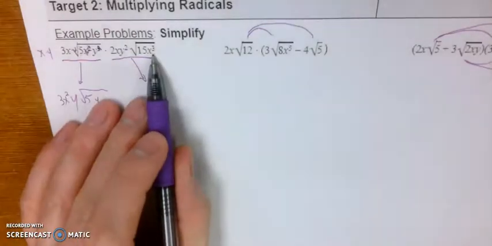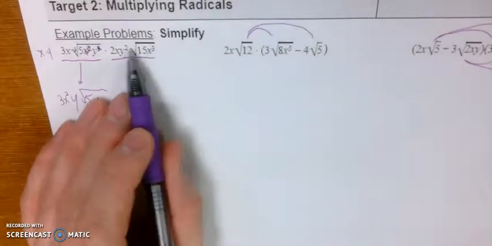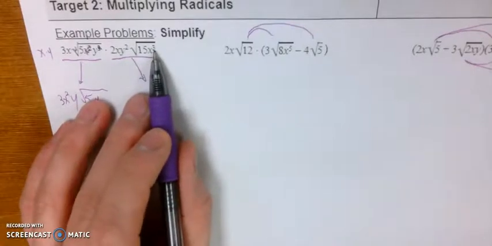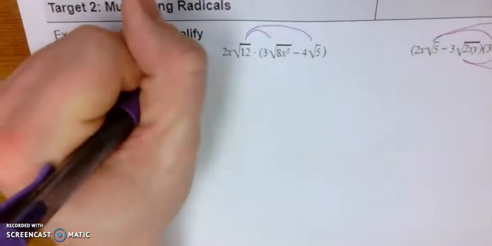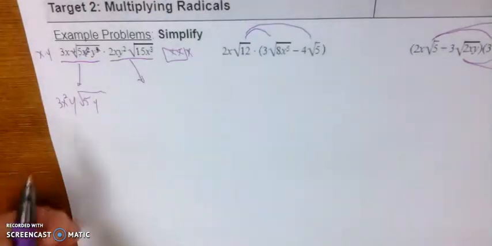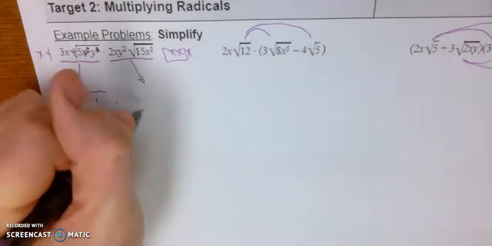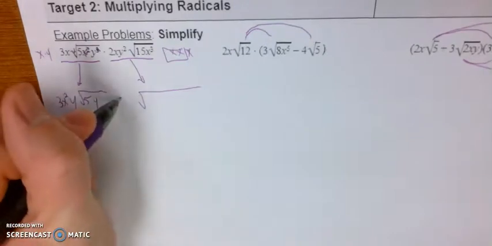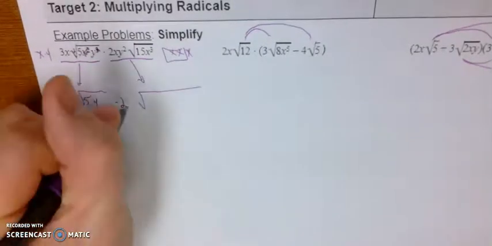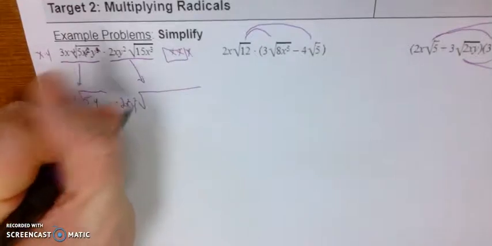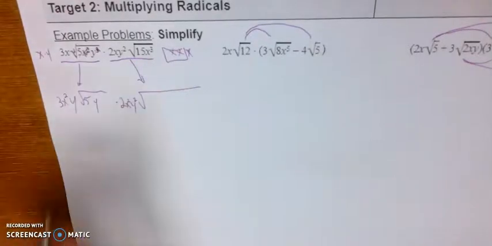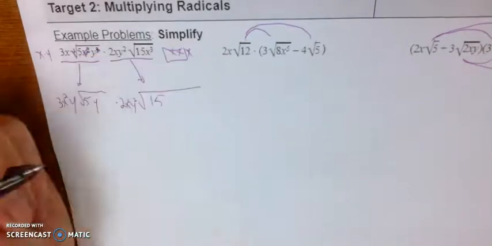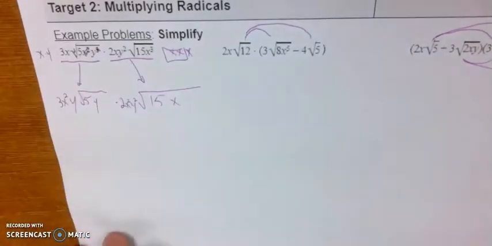However, I do have a single pair of x's that I could pull out. So since there's 3 x's, I've got one pair and then one left over. So this would become, we already have the 2xy squared out front, but I'm going to throw another x into the mix. So x squared, y squared. And then on the inside, we have 15 and just one of those single x's.